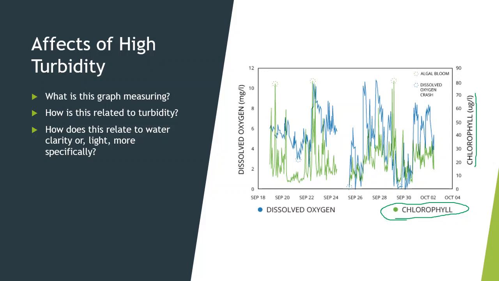A microgram is 1/1,000,000th of a gram, or 10 to the negative 6. So for example, if we're looking at a concentration of chlorophyll here, it is between 10 and 20 micrograms per liter. That looks to be around 15.